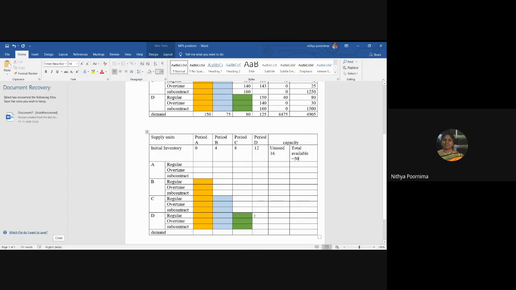Regular time cost is given as 100, overtime cost is given as 200, and subcontracting cost is given as 175.